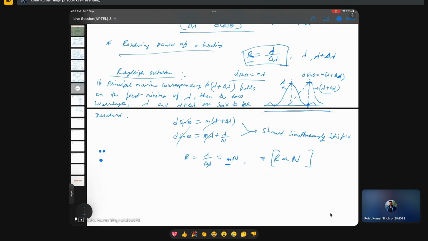But beyond this you will see one single blob. So this is what happens. When you look at the diffraction pattern from above, if these two come closer together, this is the criterion. Here the maxima of one is falling on the minima of the other. Closer than this, it is very difficult to tell them apart.